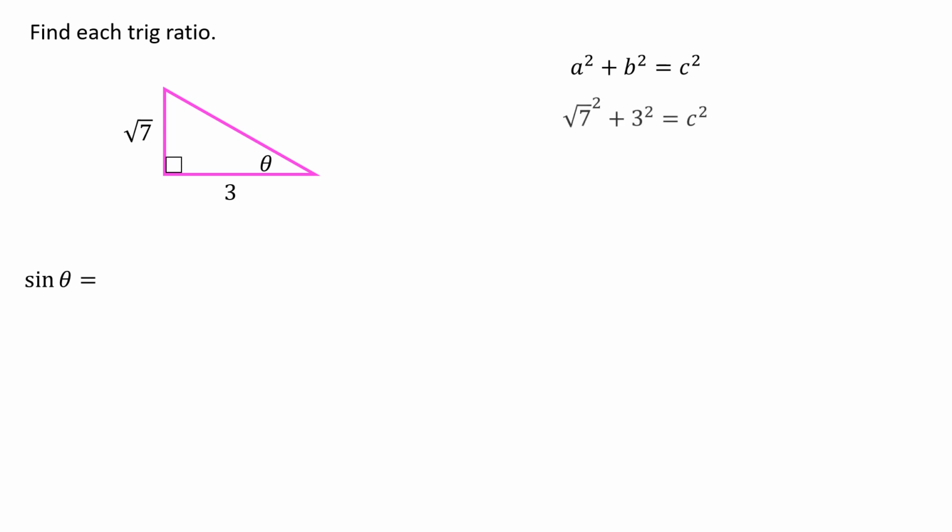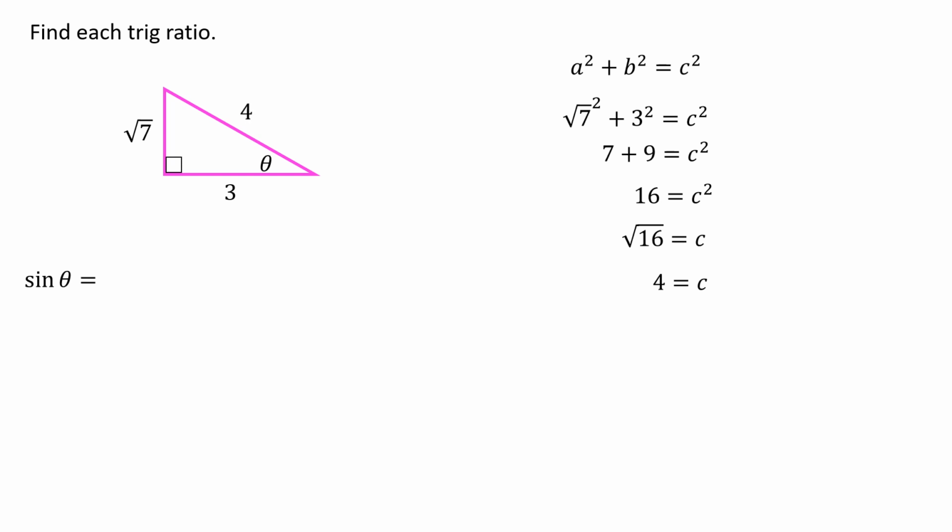Okay, and so root 7 is one of the legs. 3 is one of the legs. Root 7 times root 7 is 7. 3 times 3 is 9. 7 plus 9 is 16. Got to take the square root. Square root of 16 is 4. Hypotenuse is 4. Yep, get over there, 4.